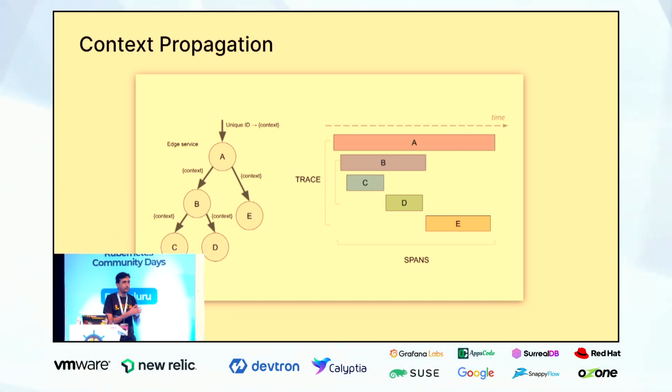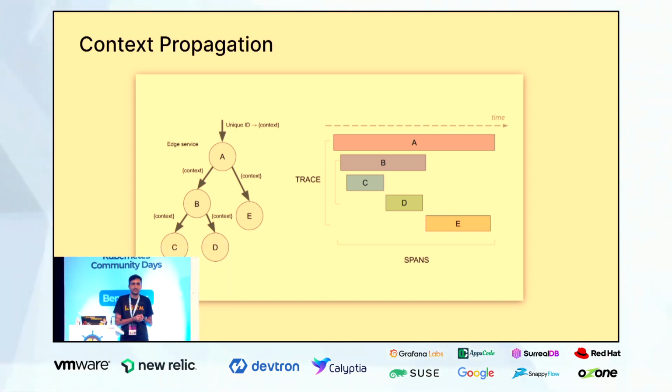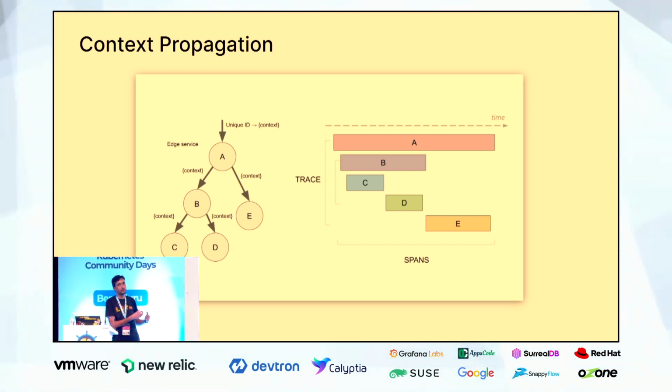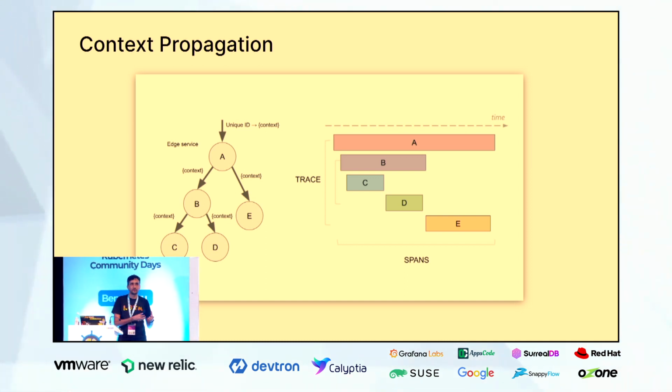And you do that via context propagation. It is mostly done via headers. In HTTP services, in gRPC also, you attach parameters to pass that context information downstream. And then the service will take that context information and continue your trace, generate its own spans, and add those spans to that same trace.